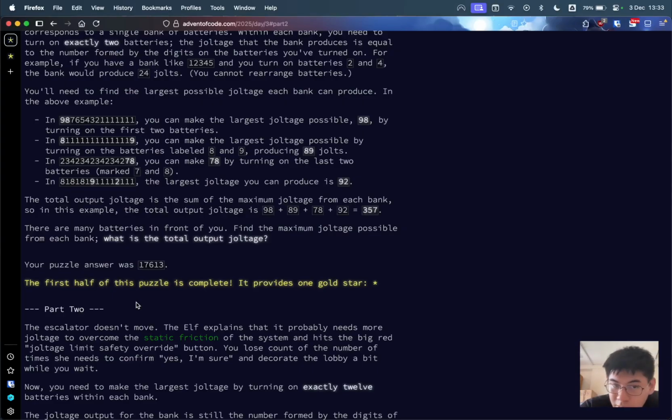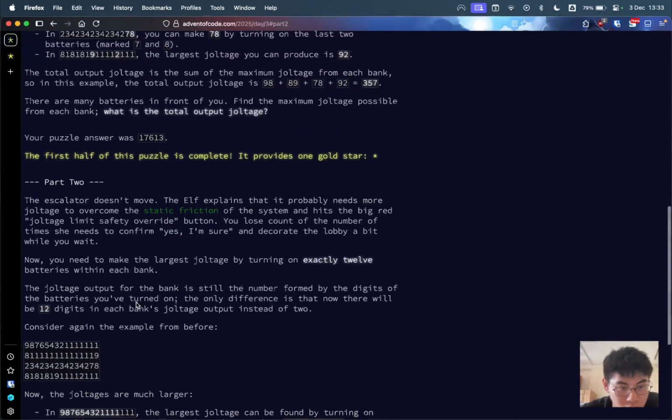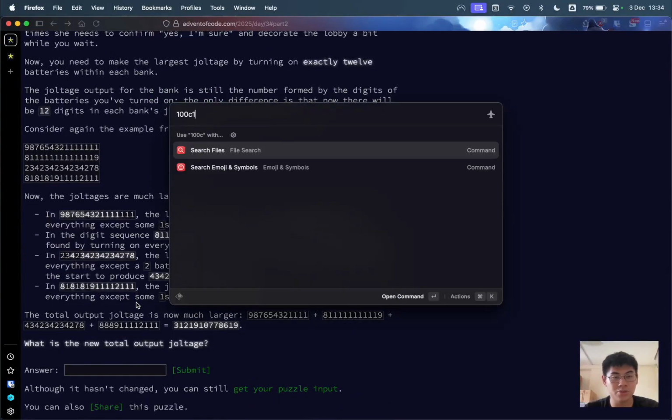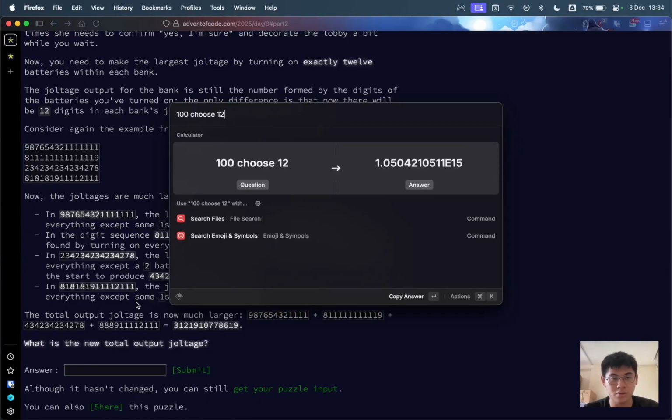Okay, let me think. Yeah, because I'm assuming 100 choose 12 is a really large number of possibilities. Not particularly ideal to try them all.